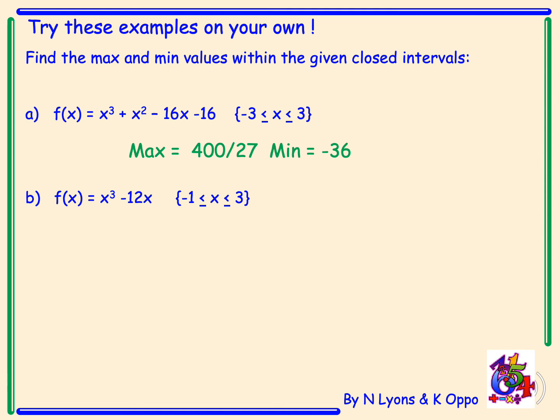And again, that's at another stationary point, and that's when x is 2. And then in example B, the maximum value occurs at an end point this time. So the maximum value is 11 when x is negative 1. And the minimum value is negative 16, and that's a stationary point when x equals 2.